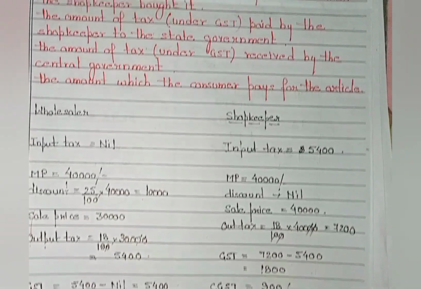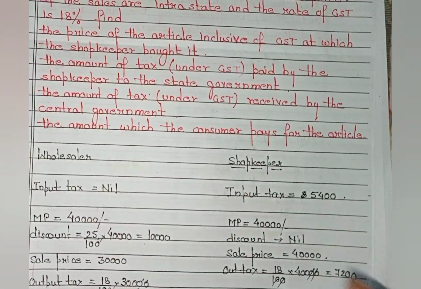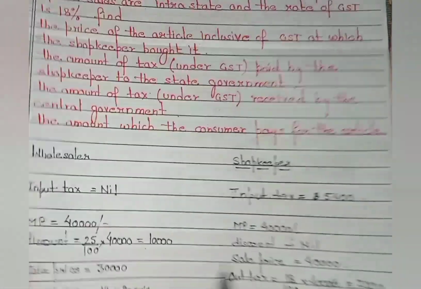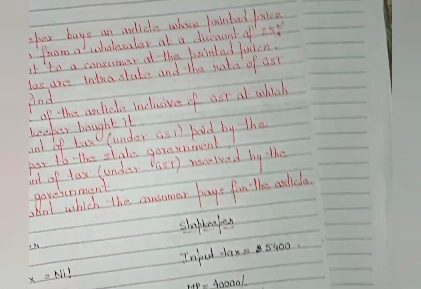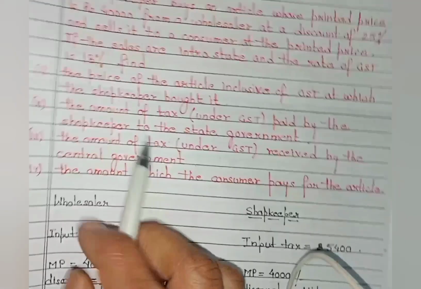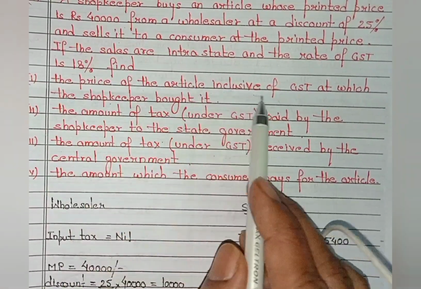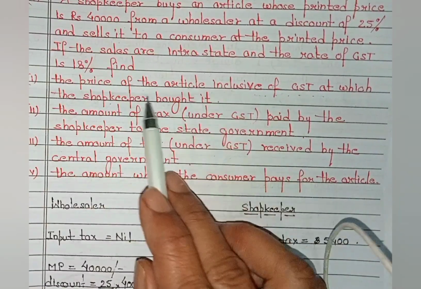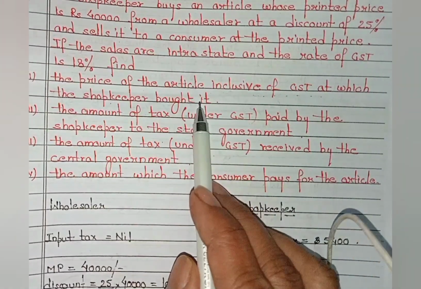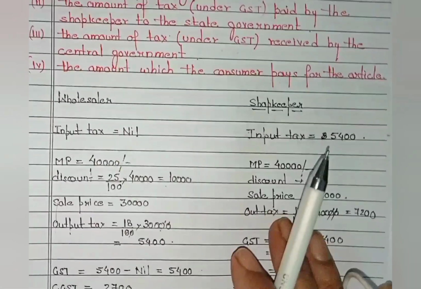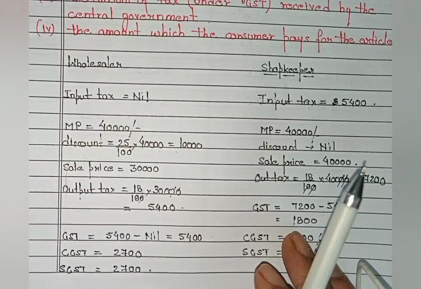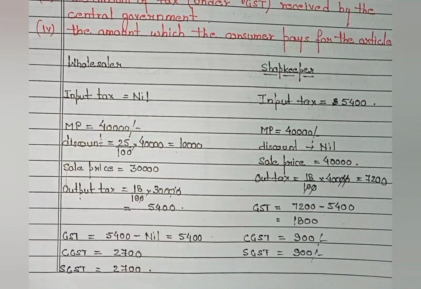Okay. Now the first part says what we have to find. In the first part they are saying you have to find the price of the article inclusive of the GST at which the shopkeeper bought it. Now as you can see, the shopkeeper bought the article from the wholesaler.